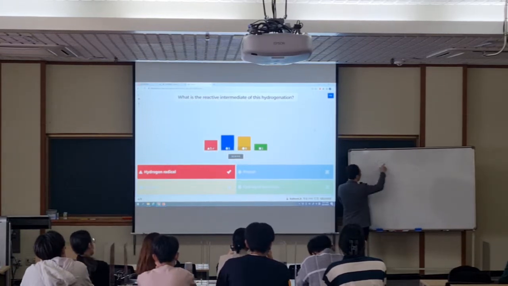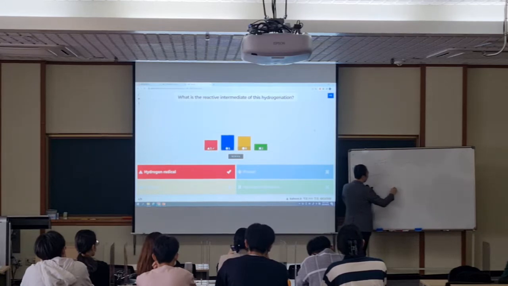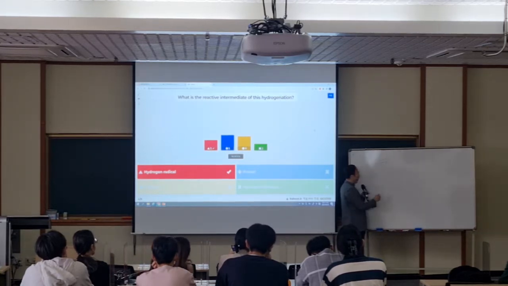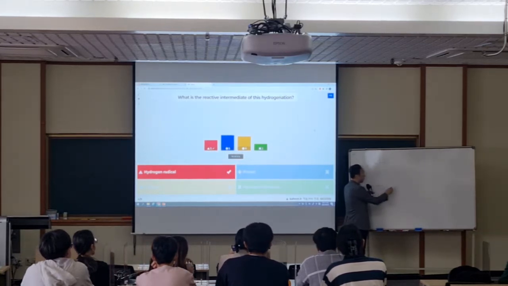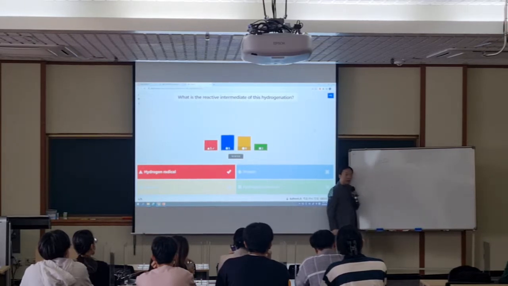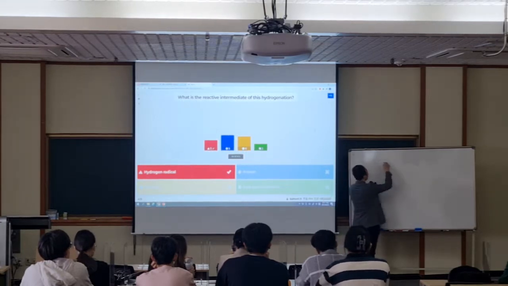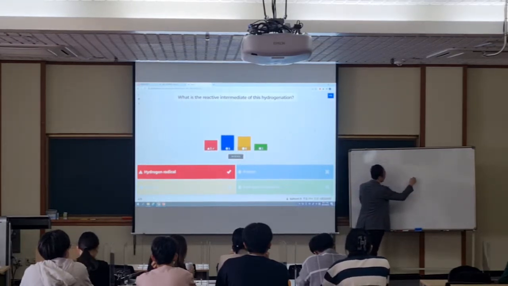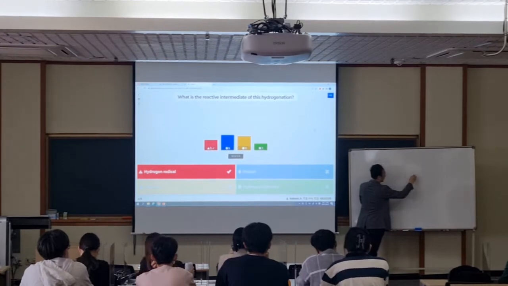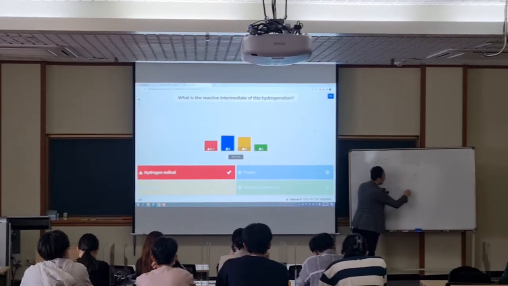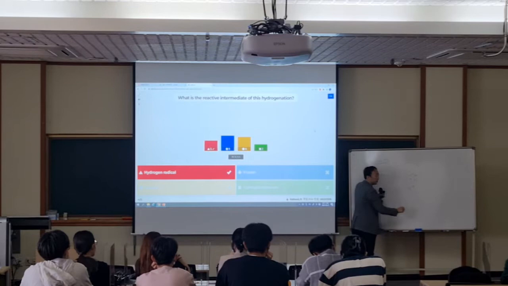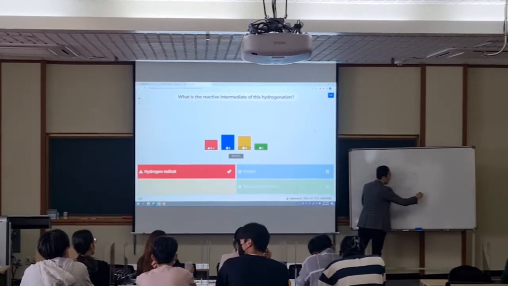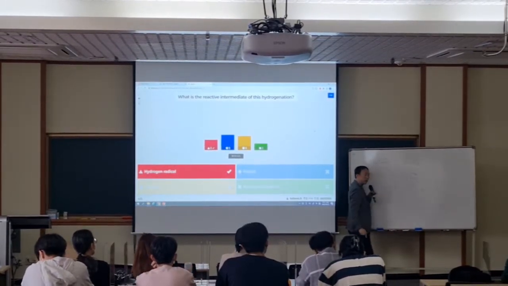Then this hydrogen bond becomes weaker, and it forms a hydrogen atom or hydrogen radical. If this is heterolytically cleaved, like this, then this side becomes a proton, the other side becomes a hydride.